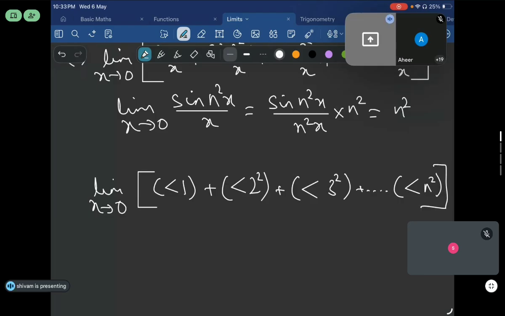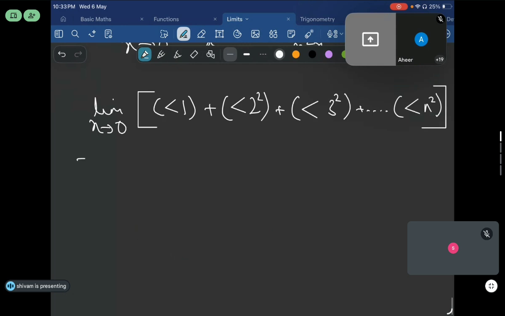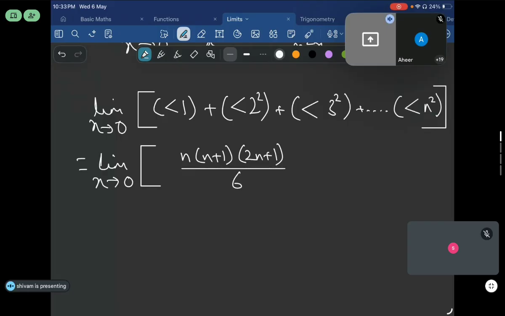We have to take the box function of this. So everyone, this will be limit x tends to 0. What is the sum of the squares of first n natural numbers? It will be n into n plus 1 into 2n plus 1 by 6. Exactly. So the whole summation is just less than n into n plus 1 into 2n plus 1 by 6.